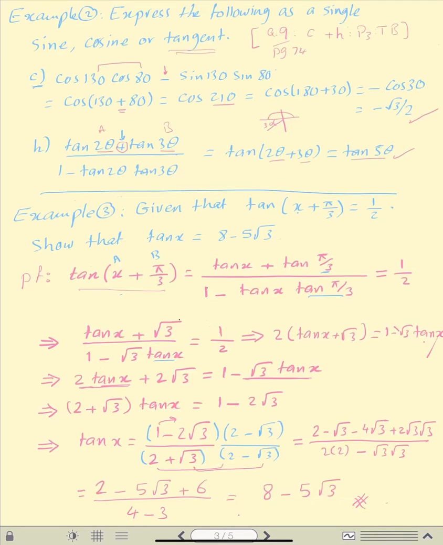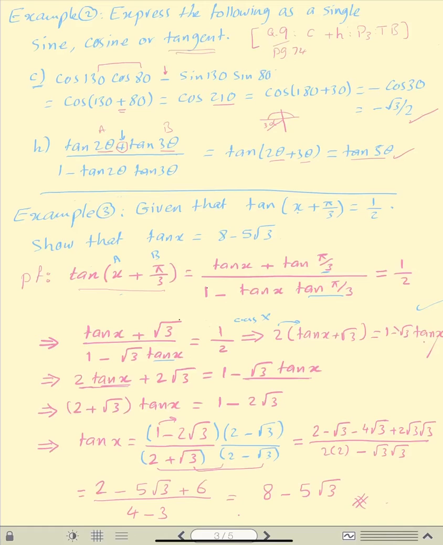We do cross multiply. You will get 2 times this, tan x plus radical 3, is equal to 1 times this. By expanding, now my dear students, 2 tan x plus 2 radical 3 is equal to 1 minus radical 3 tan x.